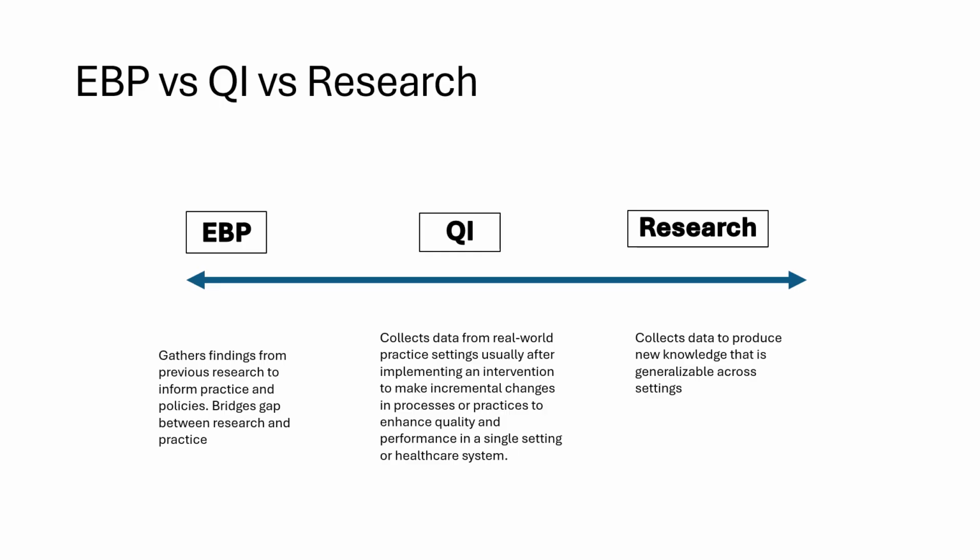Evidence-based practice and quality improvement do not generate new knowledge, and they cannot be generalized to other settings. So while quality improvement collects its data from real-world settings, it does not guide itself directly by data that's in publications, which would be evidence-based practice.